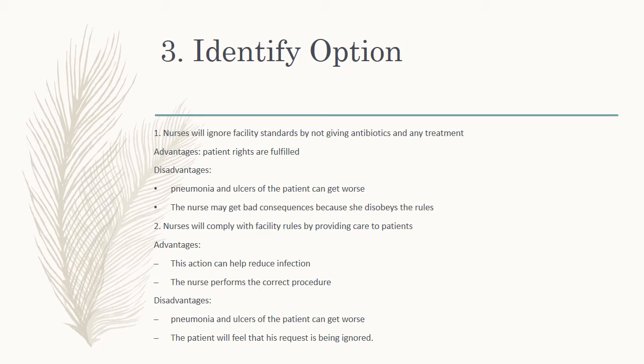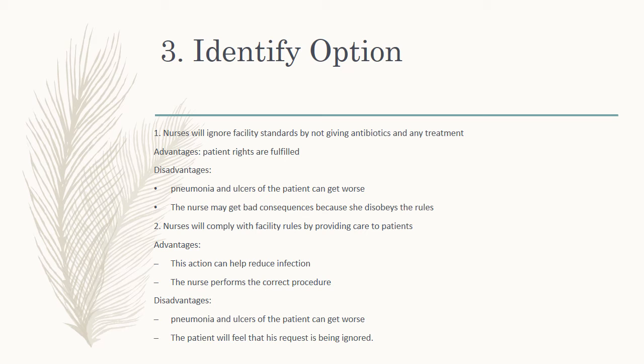The next part is identify options. Option 1 is nurses will ignore the facility standard by not giving antibiotics and any treatment. The advantage is patient rights are fulfilled. The disadvantage is the pneumonia and ulcer of the patient can get worse, and the nurse may get bad consequences because she disobeys the rules.